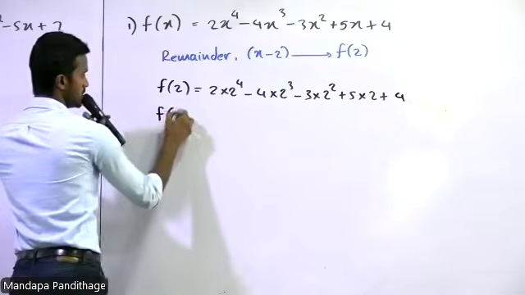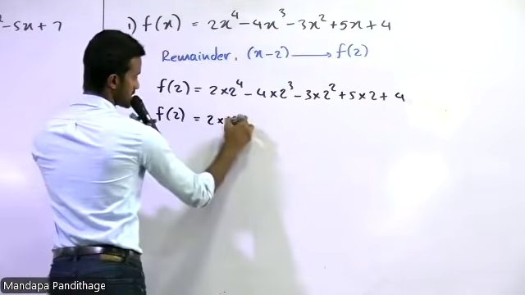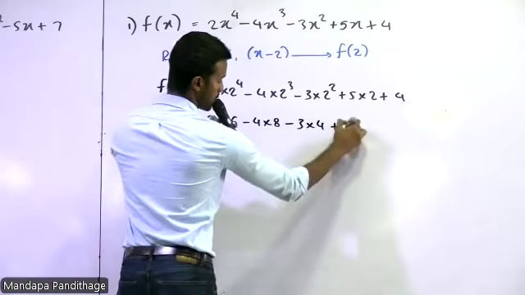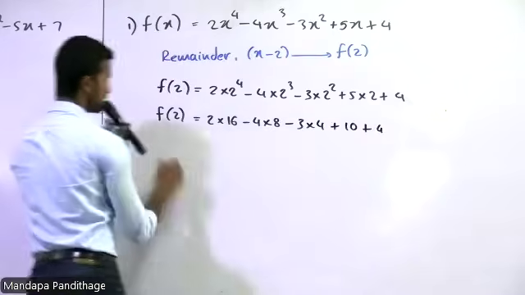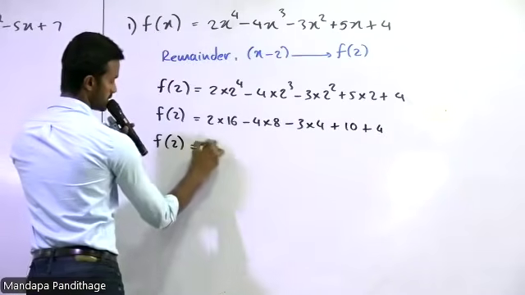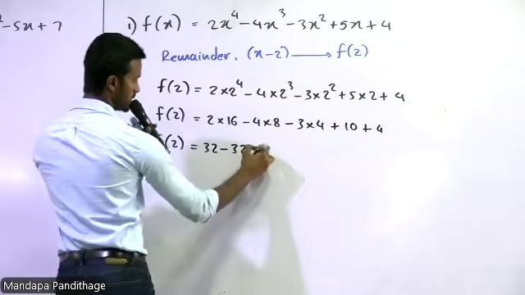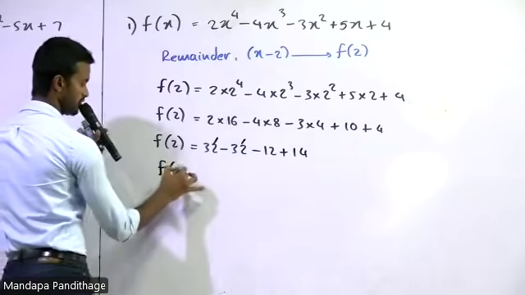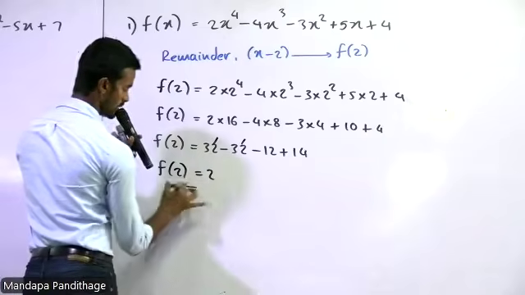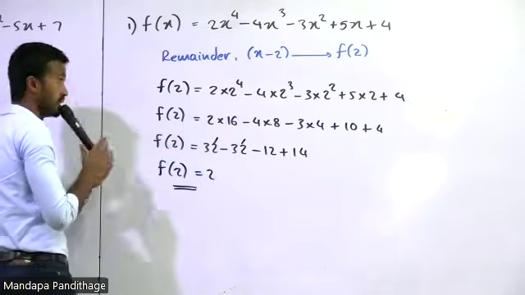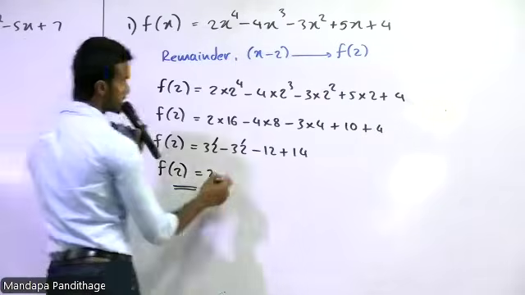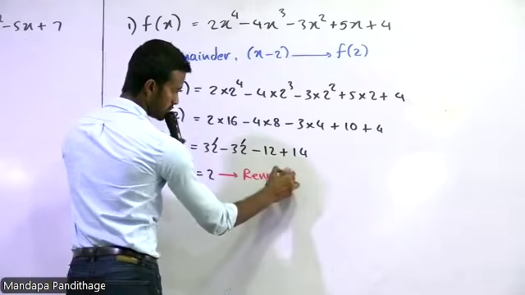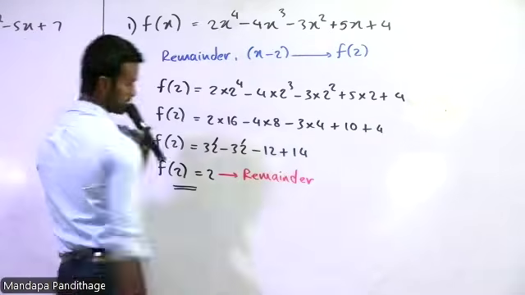So 2 to the power 4 is 16, minus 4 into 8, plus 10, plus 14. So it's 32 minus 32 minus 12 plus 14. These two cancel off. So f(2) is equal to 2. So when you divide f(x) by x minus 2, the remainder will be 2.